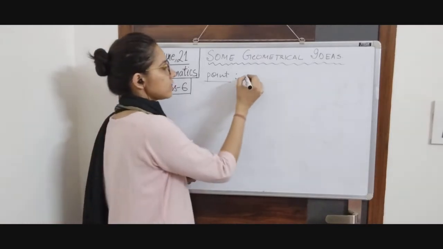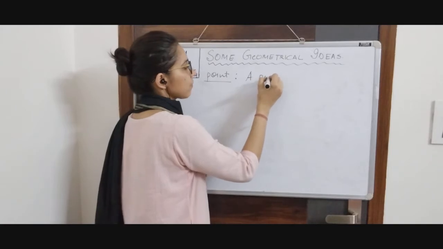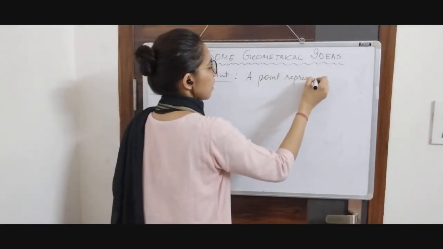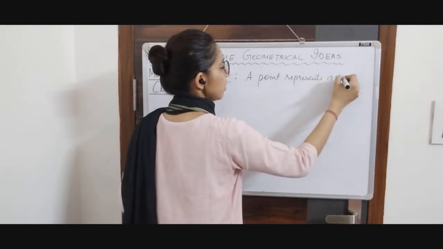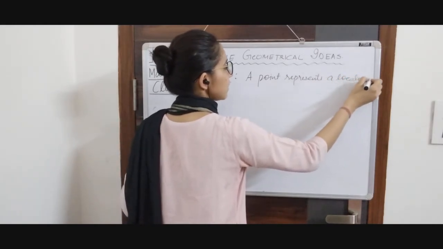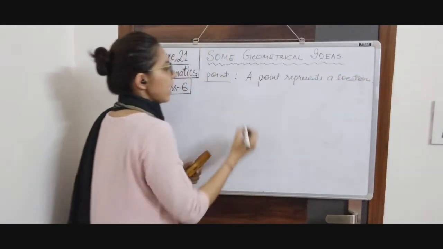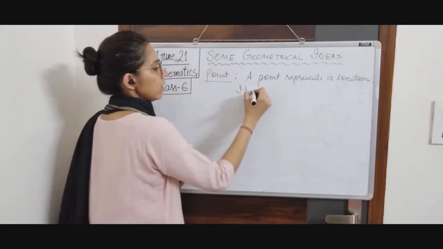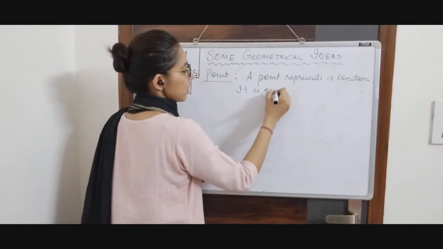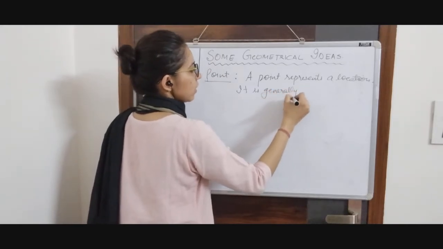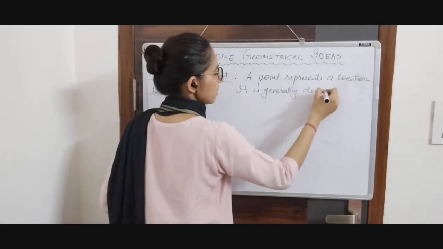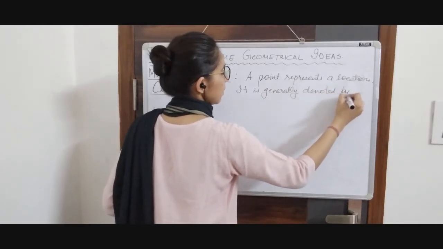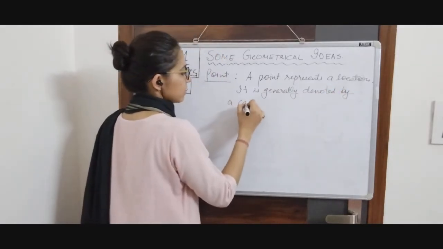A point represents a location. Okay? It represents a location. It is generally denoted by capital letters.